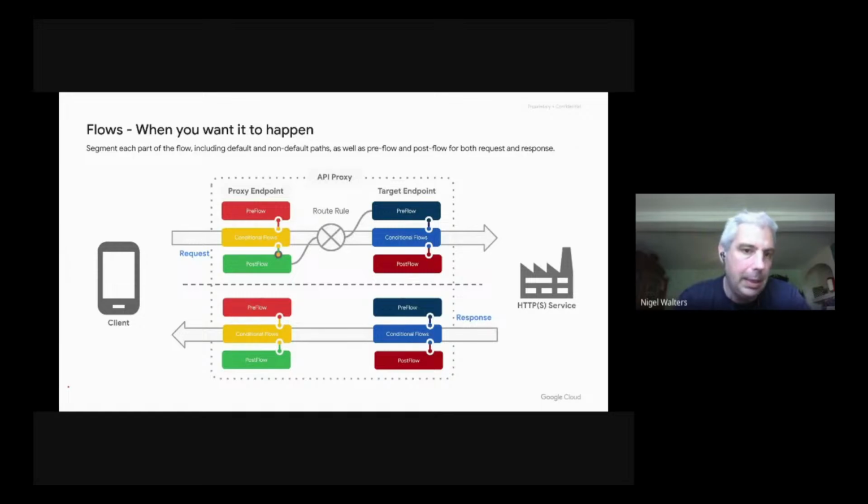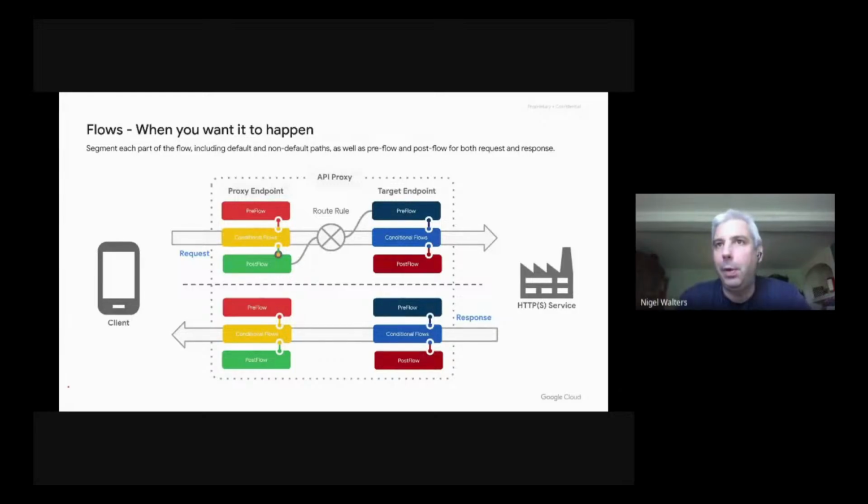Very typically for our conditional flows, we'll look to mirror the resources that are being offered by the backend API. So maybe we've got certain resource URLs, certain HTTP verbs, and quite often we'll have conditional flows that match those.